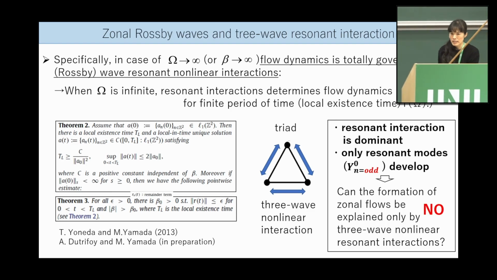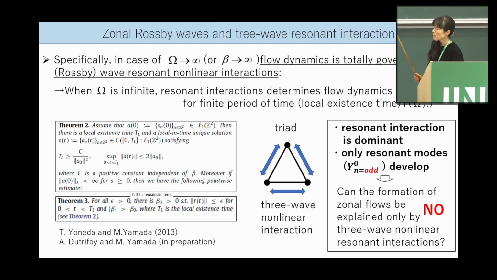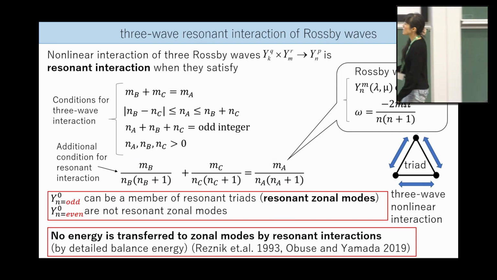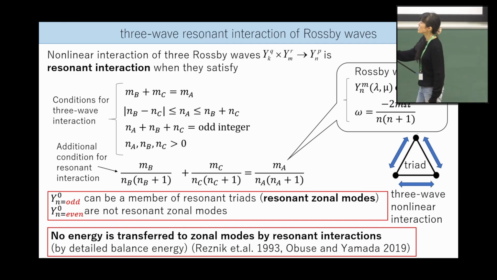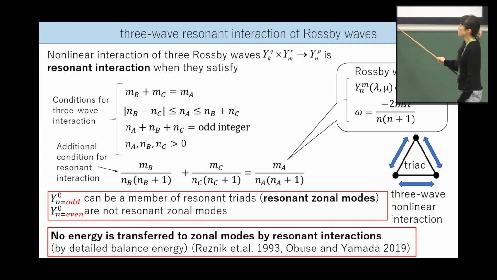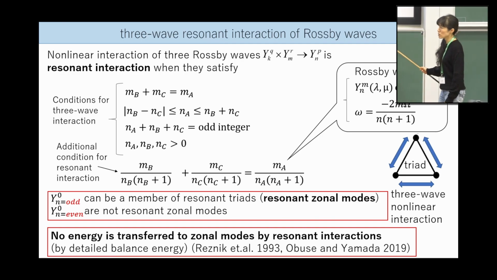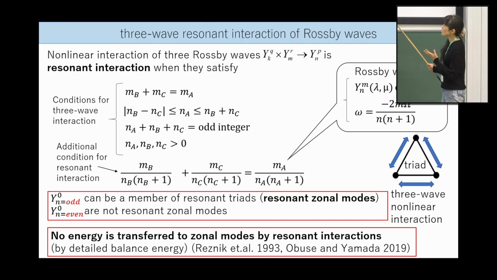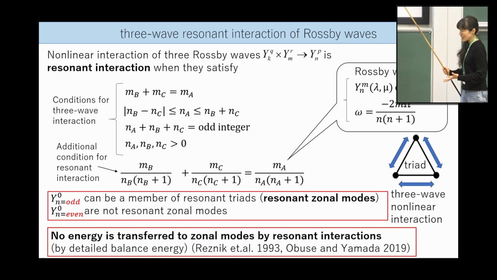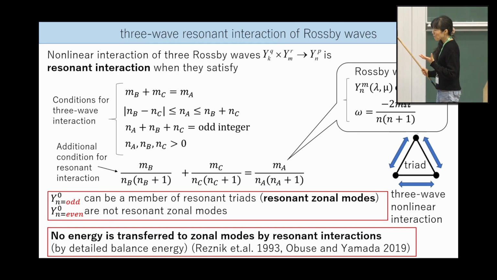But unfortunately, it cannot. Because if we consider the detailed balance of energy, it can be easily shown that no energy is transferred to zonal modes by resonant interactions. So although the resonant zonal Rossby modes obtain energy, it is not done by resonant interactions.